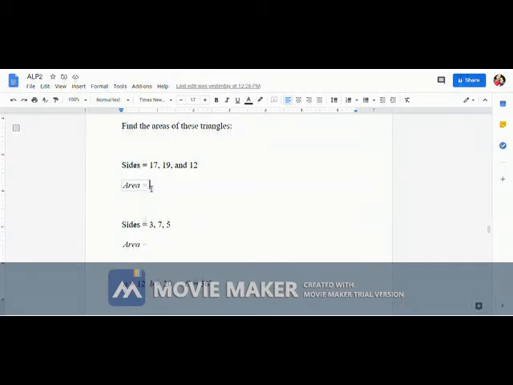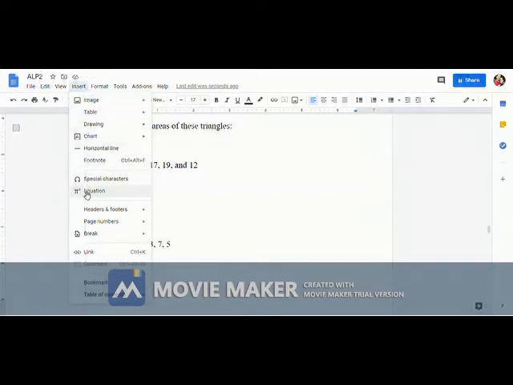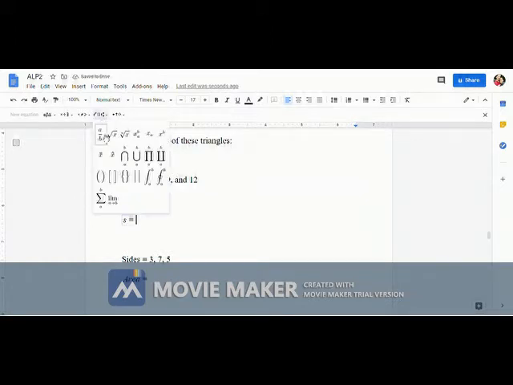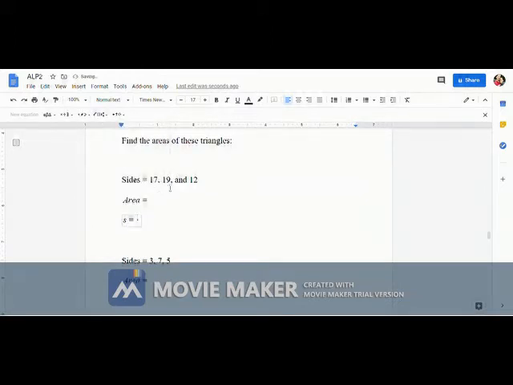So, to find the area of this triangle right here, first we're going to start by finding out what S is. We're going to make an equation. Say S equals, so we have sides 17, 19, and 12. 17 plus 19 plus 12 over 2.